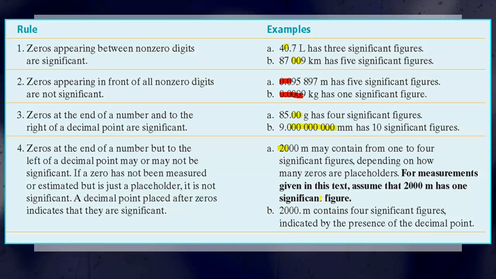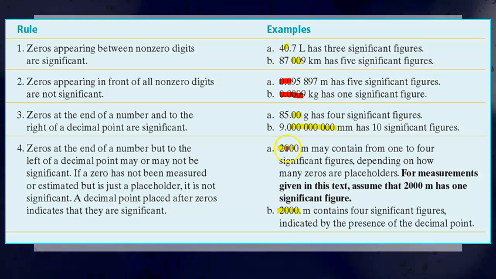So that's really ambiguous. So how we can show that it has 4 sig figs is by adding a decimal. So if I add a decimal there, then I can count all 4 as sig figs. If I don't have a decimal there, these 3 zeros are all just placeholders. And 2000 technically only has 1 sig fig.